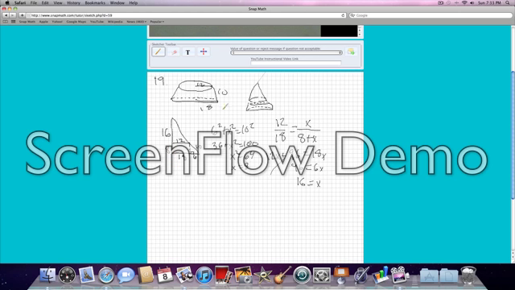First we're going to find the volume of this entire thing, the big cone, which is the area of the base, 18 squared, that's the radius, pi, times the height, which is 16 plus 8 is 24. And this is a cone, so we divide it by 3. And then the little cone is the same thing.